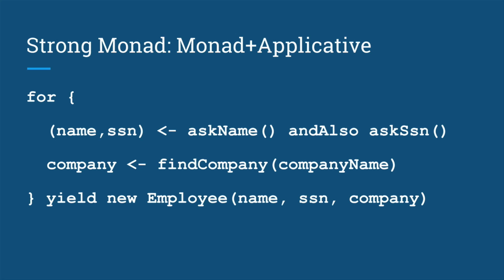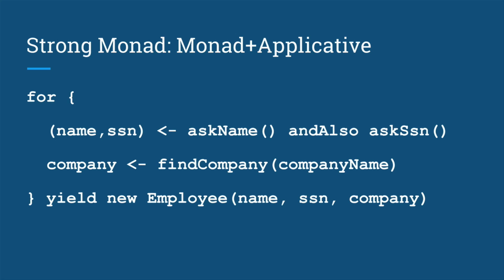But if it's an applicative functor, it's called a strong monad. And what's good about a strong monad? You can run them in parallel like this. So suppose we have this ask name, something like that, better than option.